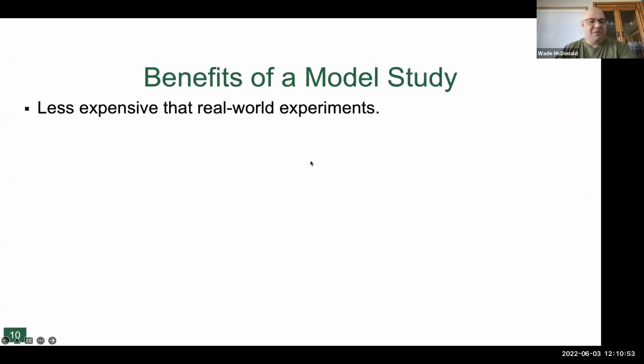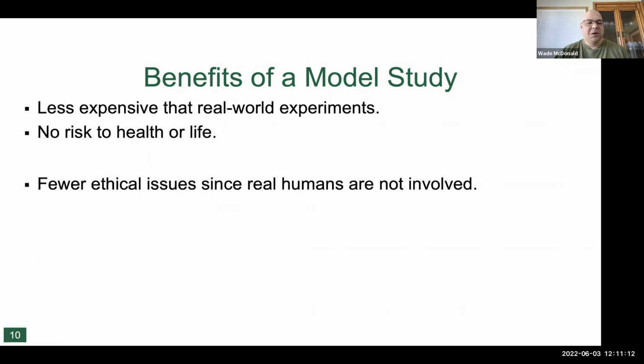Oops, going a bit too fast there. So we may use a model to run what-if scenarios. Benefits of model studies include that they're less expensive than real-world experiments. There's no risk to health or life because we're dealing with simulated people, not real people.